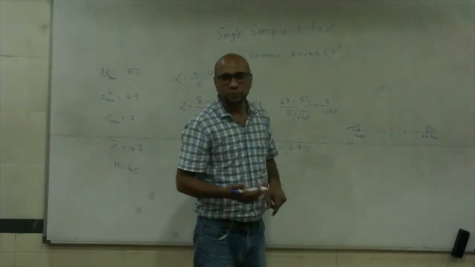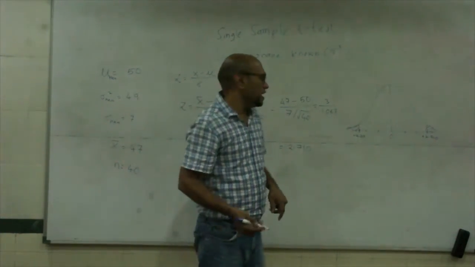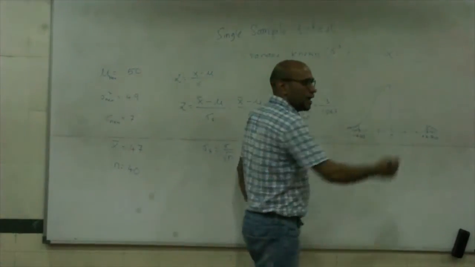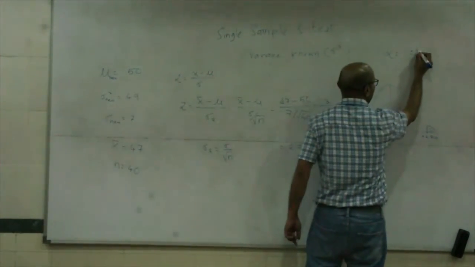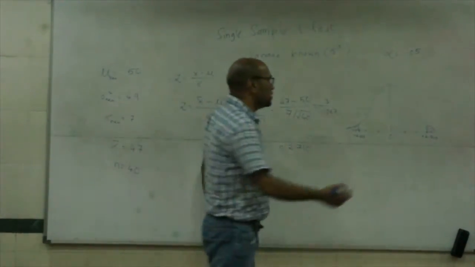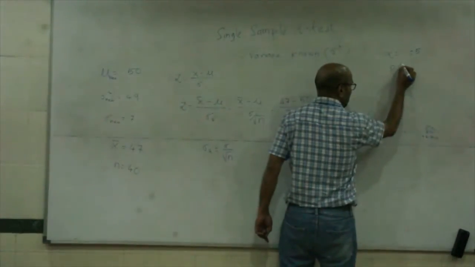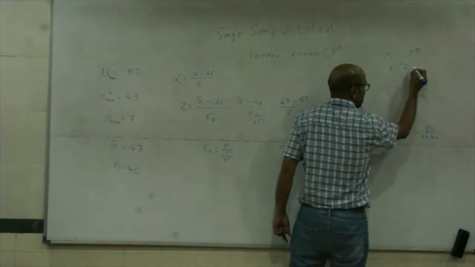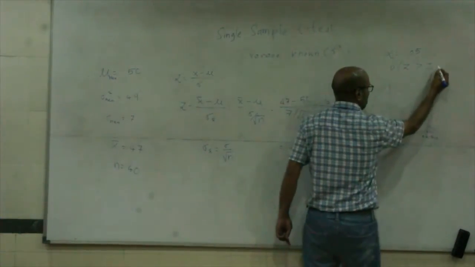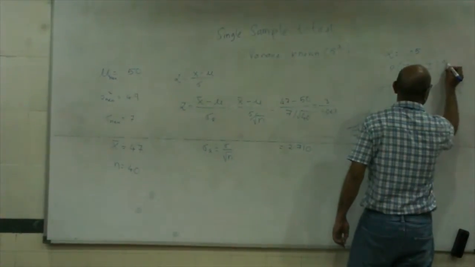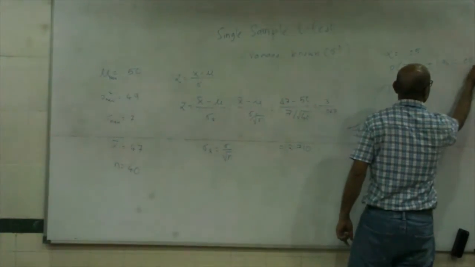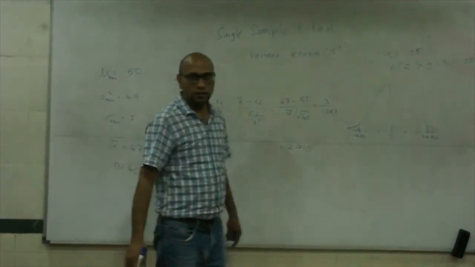Or what I would simply ask is, if I set my alpha, that is type 1 error, at 0.05, then I also know that the probability that Z would be greater than plus or minus 1.96 is equal to 0.05. Right?